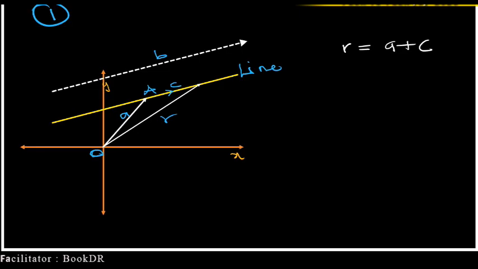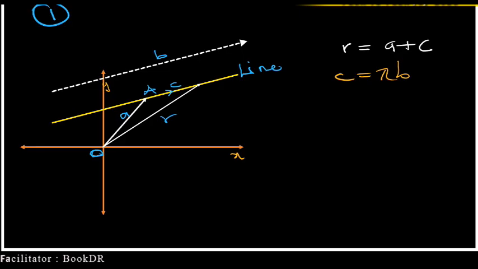Hence, we can write C as equal to some scalar multiplying B. Let's call this scalar lambda. So we can say C is equal to lambda B.